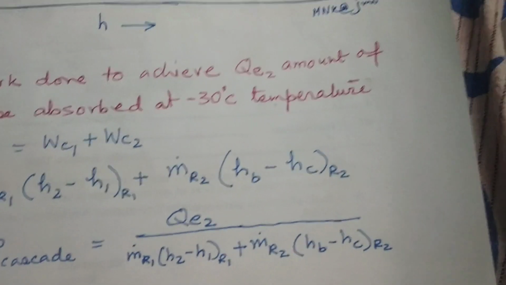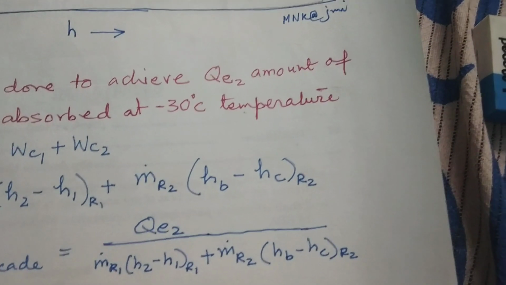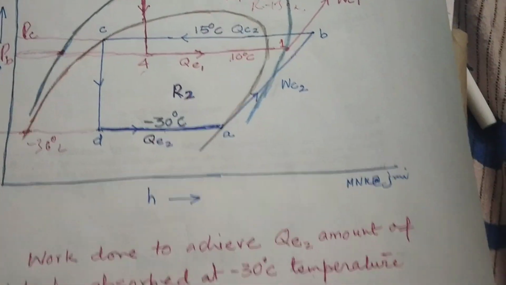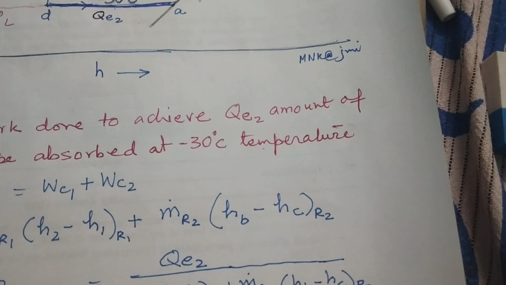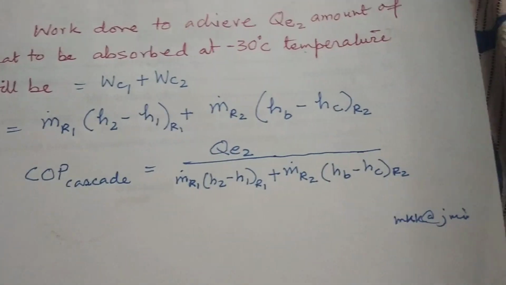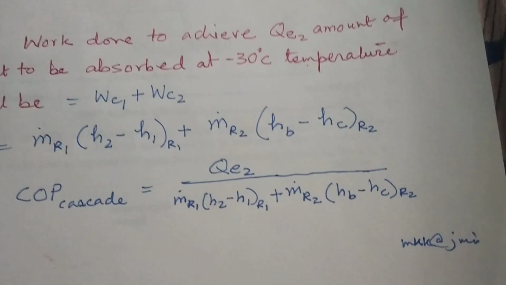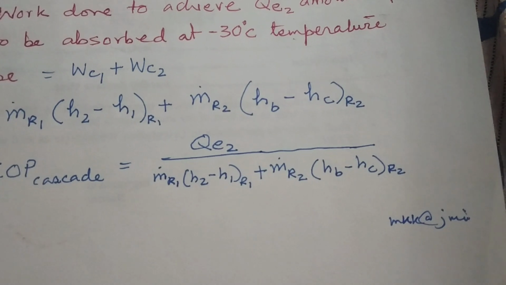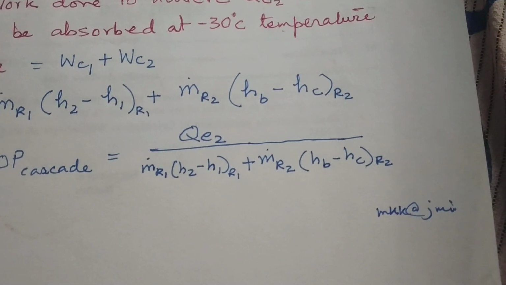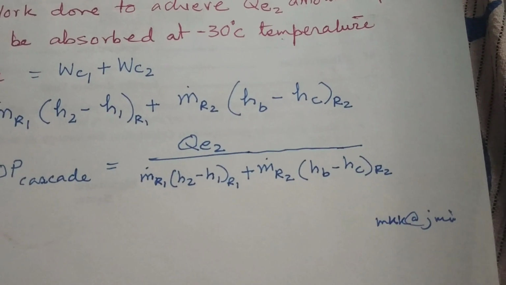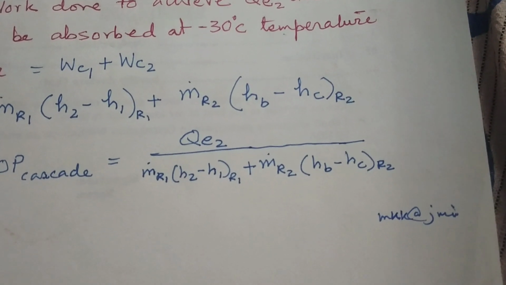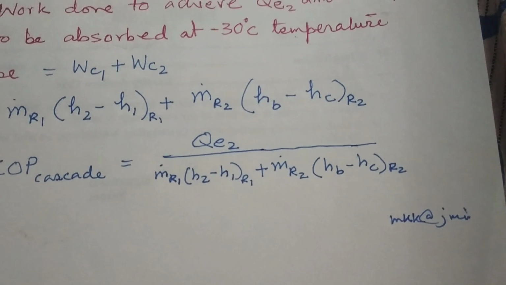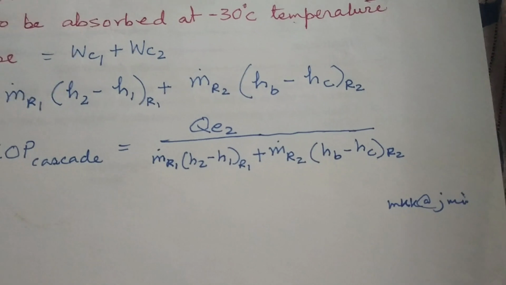So we have to see HB minus HC for refrigerant number 2 as the enthalpy change. If we see the COP, what we want to achieve is QE2, the amount of heat absorbed at minus 30 degrees centigrade, divided by the work done during compression, and that is the actual COP of the cascade system.